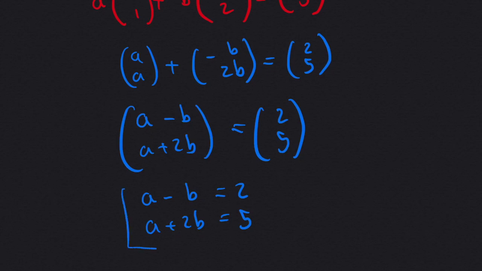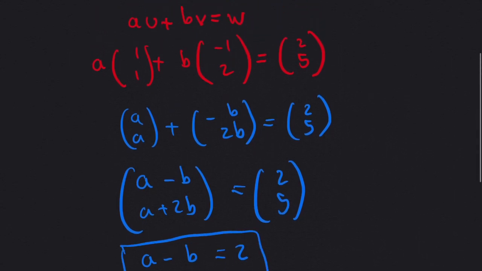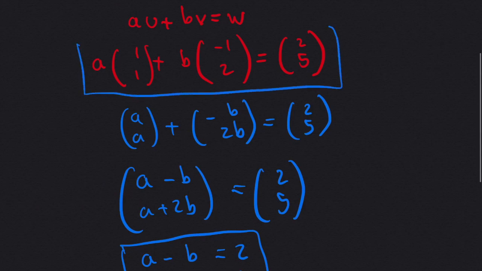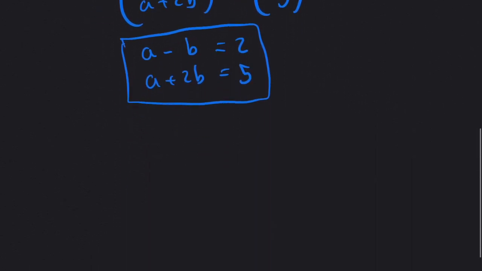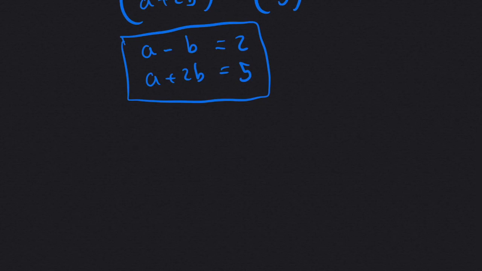So either this representation or this representation are telling me the same thing. So I'm actually going to use the third type of representation for this system, which is the matrix form.